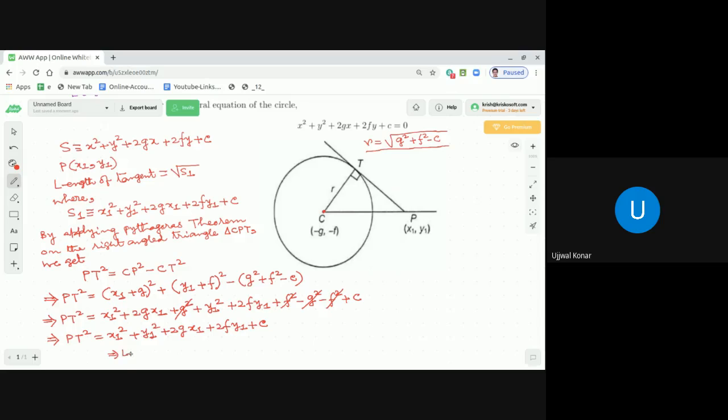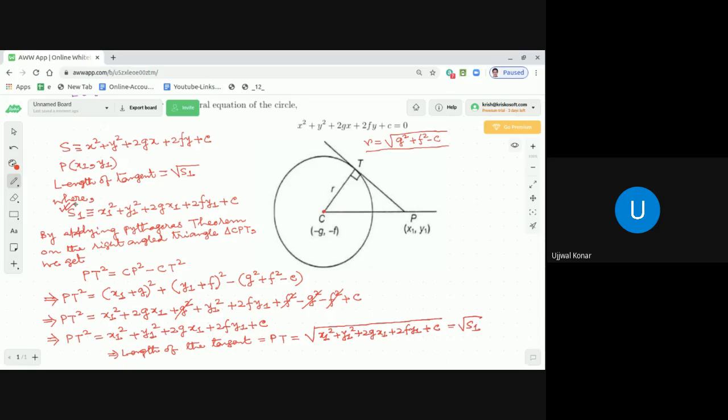So then what is the length of the tangent? The length of the tangent, dear students, is equal to PT, and that is nothing but square root of x1 square plus y1 square plus 2g into x1 plus 2 into f into y1 plus c, which is equal to square root of S1, where S1 is the value of this expression here.